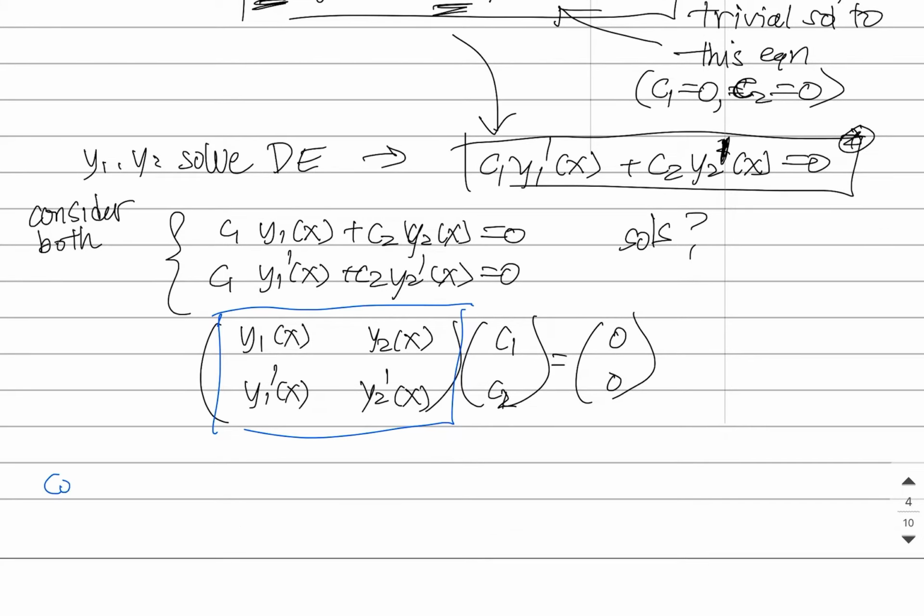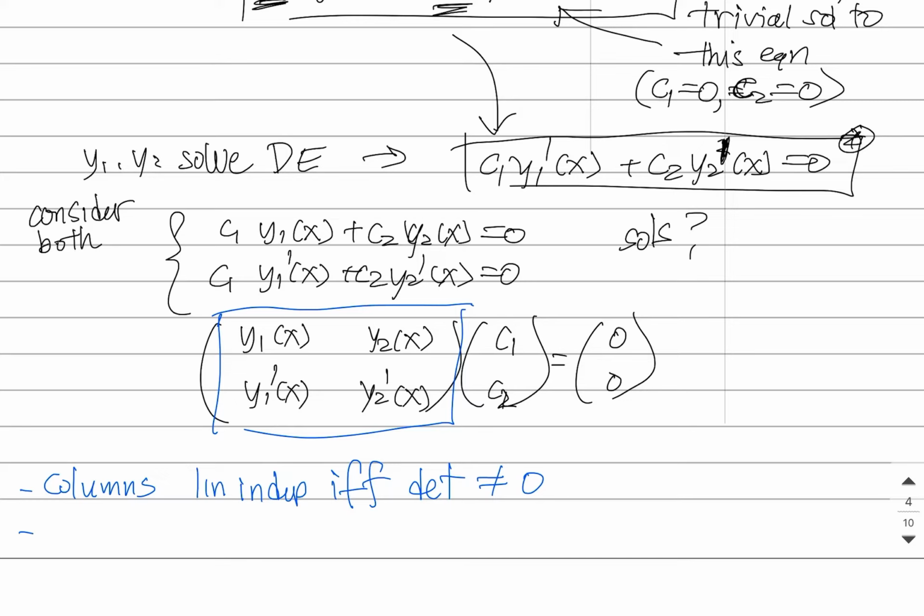These columns are going to be linearly independent if and only if the determinant of this matrix is not 0. If the determinant's not 0, the columns are independent. If the columns are independent, then the determinant is not 0. So it's a two-way street.